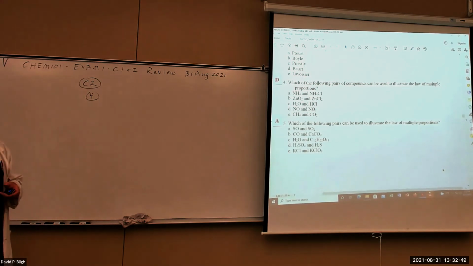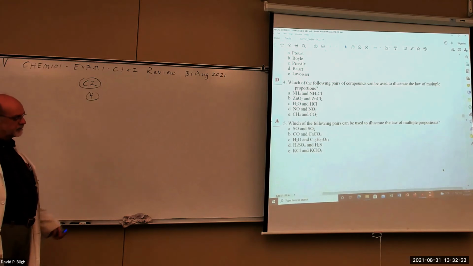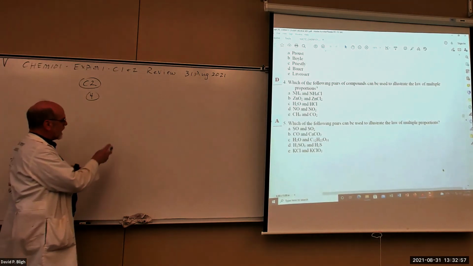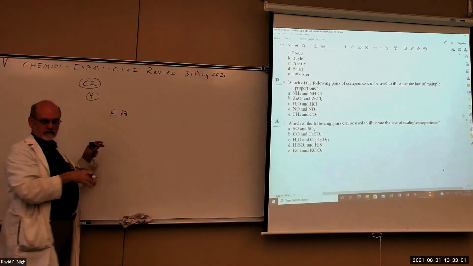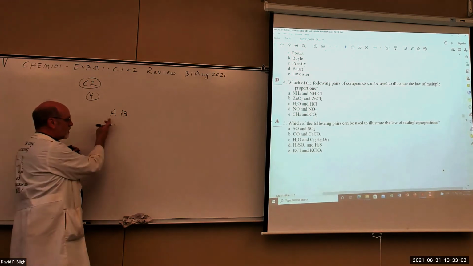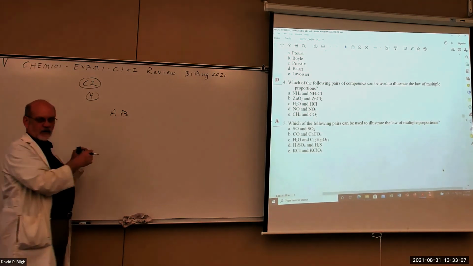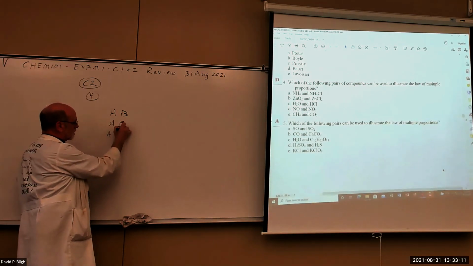Remember that one? Multiple proportions. That was Dalton. He said that when you have a compound with 2 parts to it, if you hold one of them constant, then the ratio of the other parts are whole numbers. Right? So it would be like this, like this.